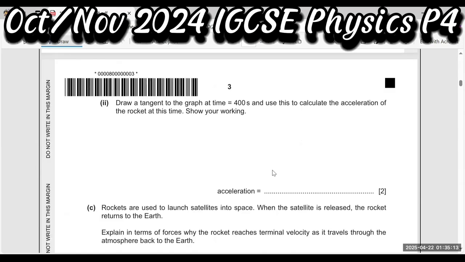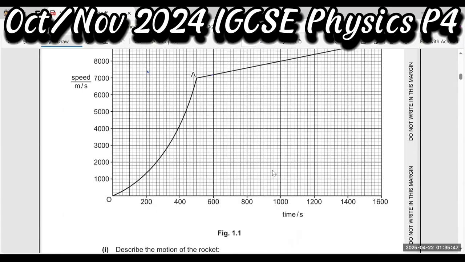Draw a tangent at time 400 seconds and use this to calculate the acceleration of the rocket at this time. Show your working. We know that acceleration is equal to change in speed over change in time. In a speed-time graph, the acceleration is the gradient, which is change in y divided by change in x. You can see this is 400 seconds, and a tangent line always starts from the line which just touches the curve at a point.